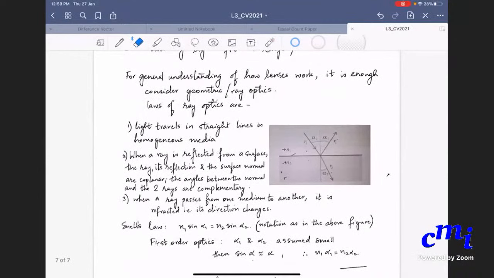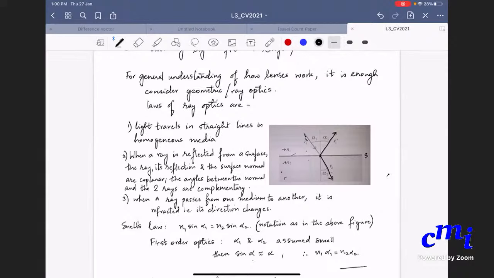When a ray is reflected from a surface, in this image that I have here, you have this surface S. When a ray hits a surface, there are two parts to it. The ray travels through the surface, that's the refracted ray, and a part of the light is reflected away from the surface.